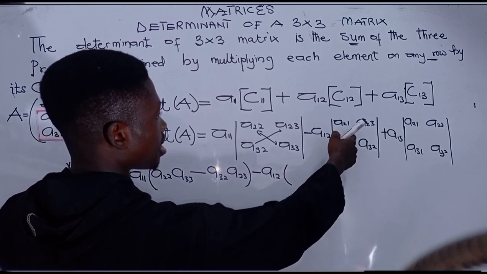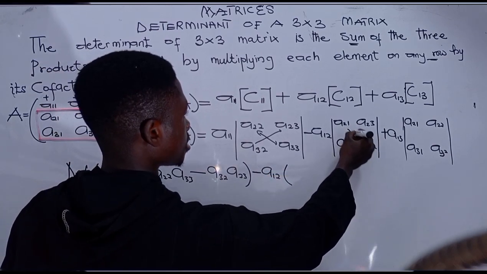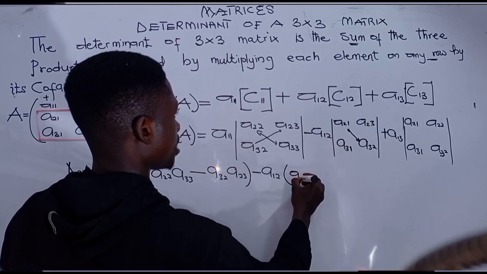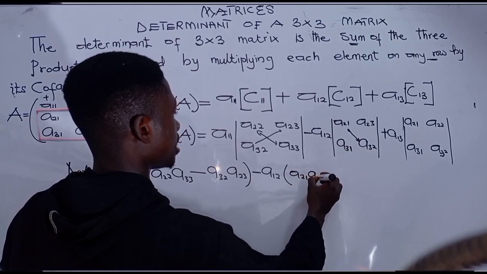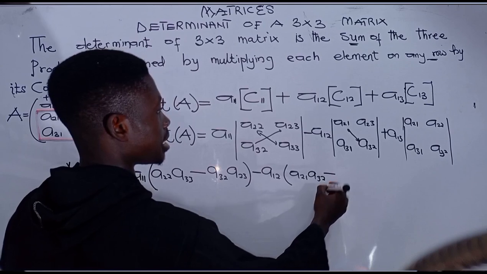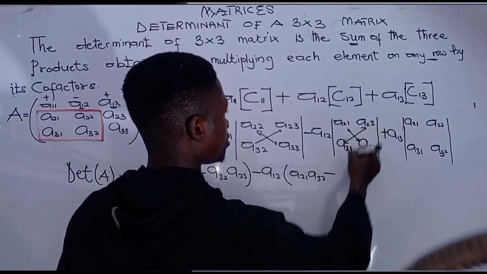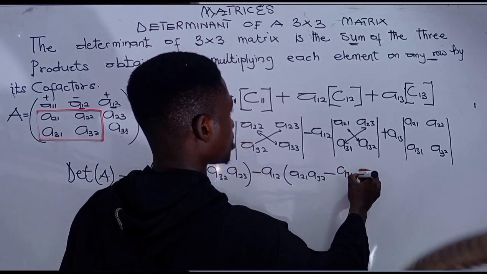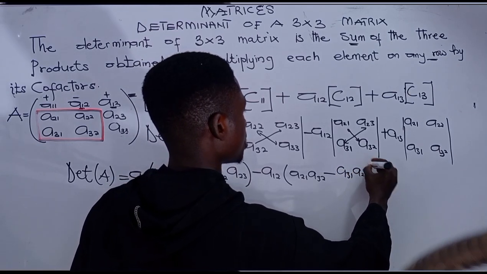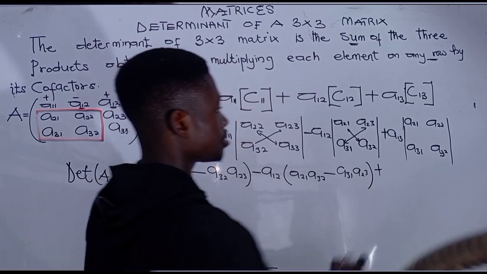Then we move on to the second one, which is A12. We find the determinant of this: A21 multiplying A33, minus this multiplying that, A31 multiplying A23. Then we move on to the last one.